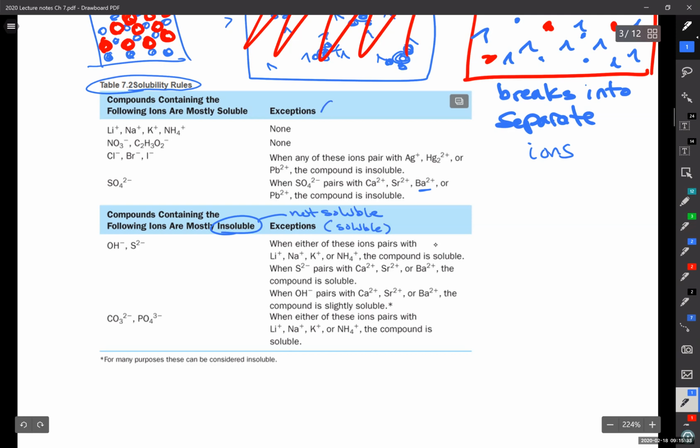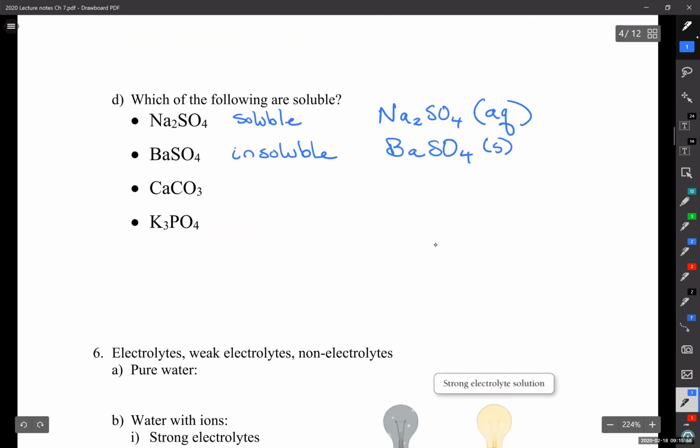And these exceptions are insoluble. Okay, that's what that means. So calcium carbonate. Carbonates are generally insoluble. None of the exceptions are calcium. So it's solid, insoluble. And when you write it, it's CaCO3 and it's S.